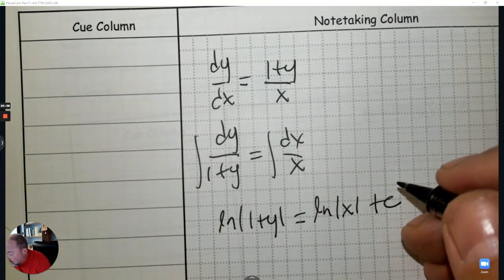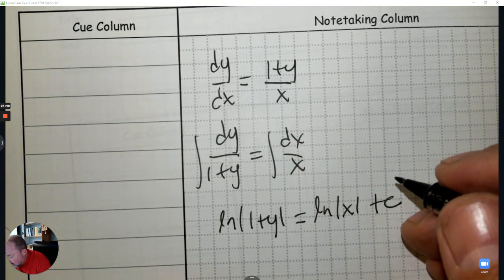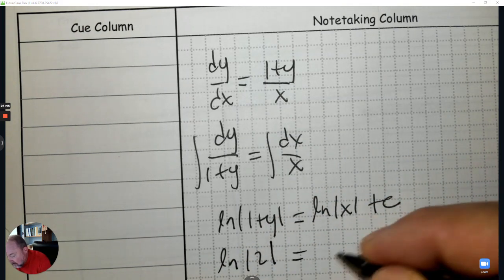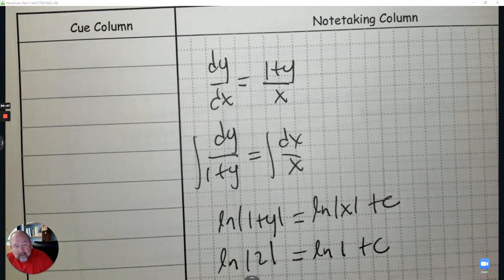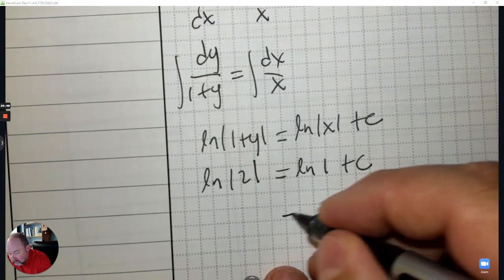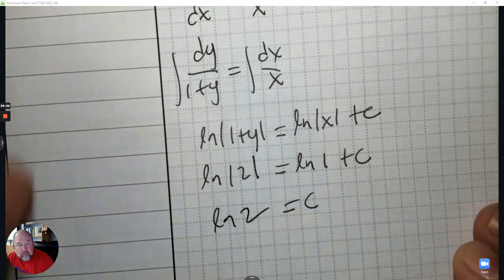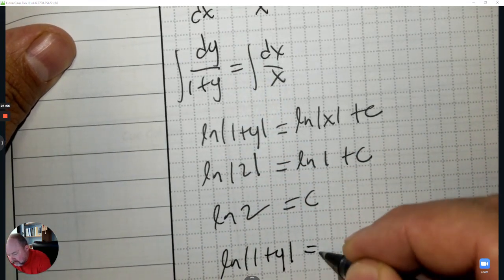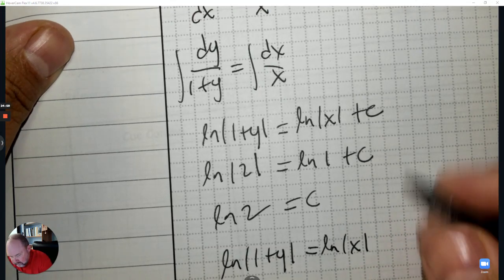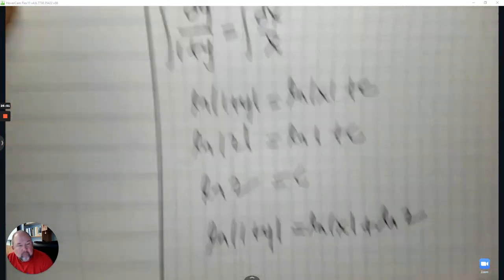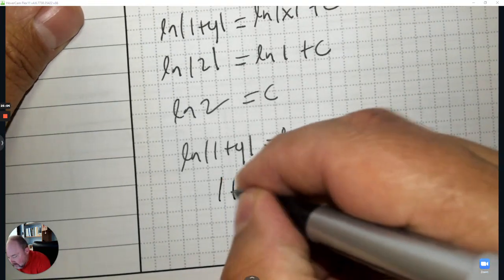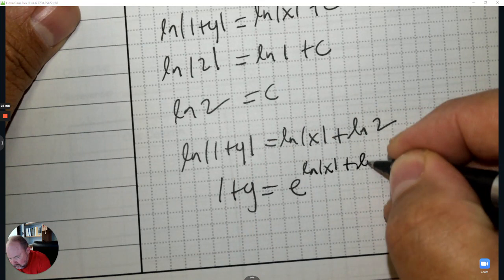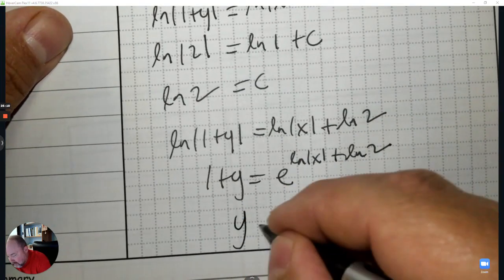You can plug in the point, which is -1 and 1. So if I plug in 1 for y, you get 2. If I plug in -1, it's just 1. Now ln 1 is 0. So c is just equal to ln 2. So this is what I have so far. And then to get y by itself, and then subtract 1.